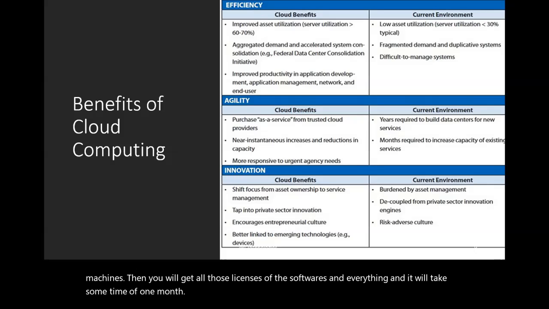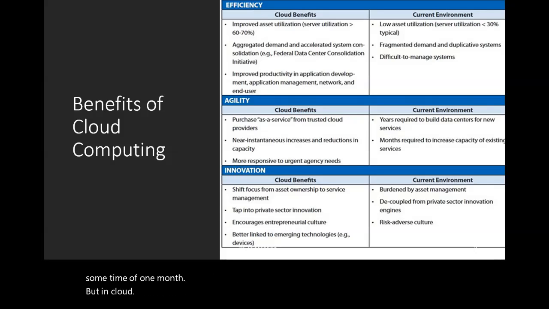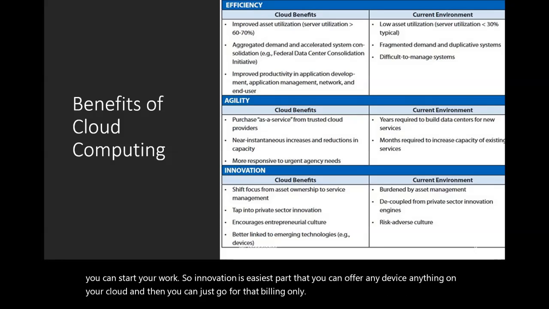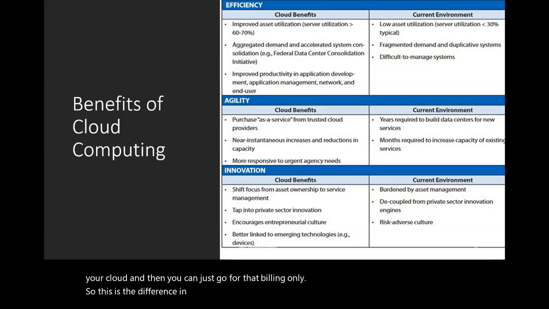But in cloud, you can just go to a decoupled environment, decoupled systems, connect them, and start your work. So innovation is the easiest part, you can offer any device, anything on your cloud, and then just go for billing. So this is the difference between cloud computing and the traditional data center computing.